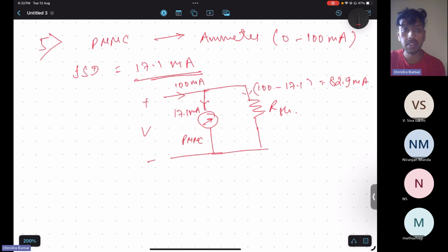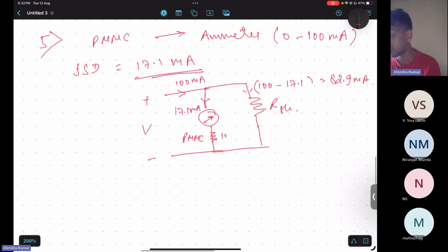And the PMMC resistance was mentioned in the problem, which we will also have to consider. So that 17.1 milliampere into the PMMC resistance, that was 100 ohm, provided in the first statement, because this was the question from that statement.